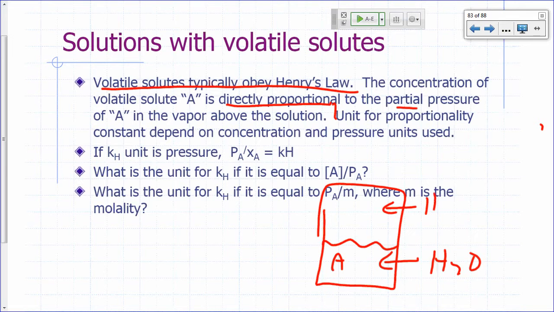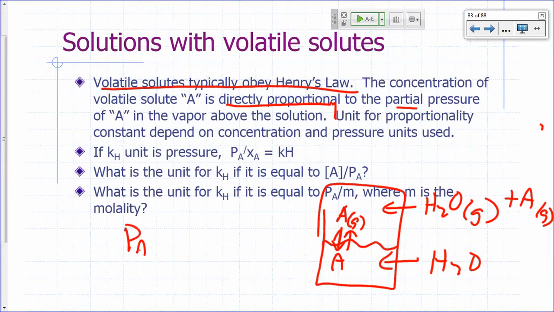So you're going to have water vapor here in equilibrium and gaseous A, so you have A gas in equilibrium with A in aqueous solution. The partial pressure of A in the gas phase is directly proportional to its concentration in the liquid phase.